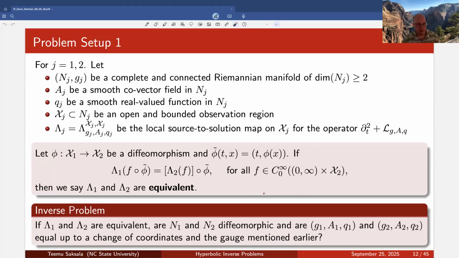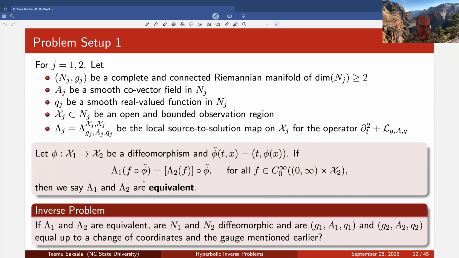Okay, so now let's first ask, what do we mean that these data are the same? So what does it mean that these two sets of manifolds with lower order terms would have the same data? And we've formalized it in this box over here. So we now need to a priori assume that there is some a priori known diffeomorphism between my observation sets X1 and X2, which I can promote into a diffeomorphism in space-time by a trivial trick.